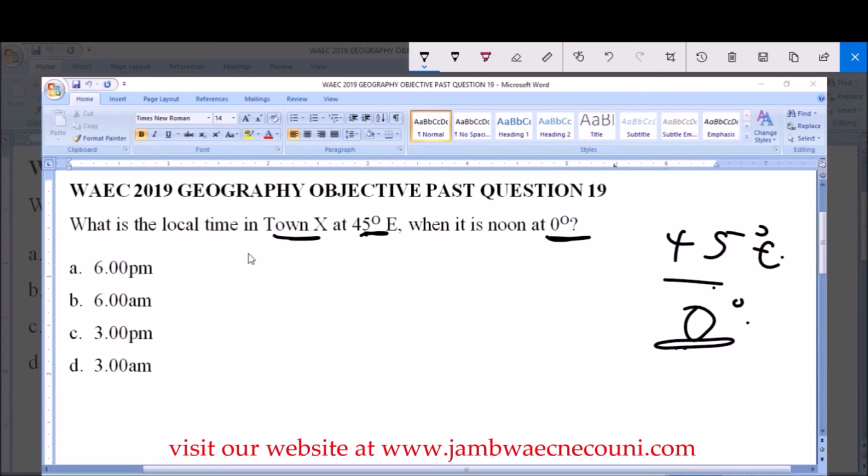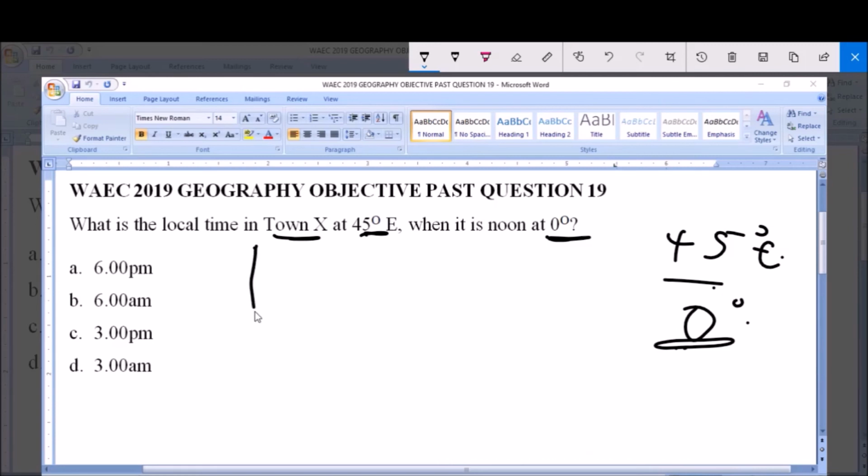Let's call this town Y. That is the town at 0 degrees longitude, which is of course the Greenwich meridian.